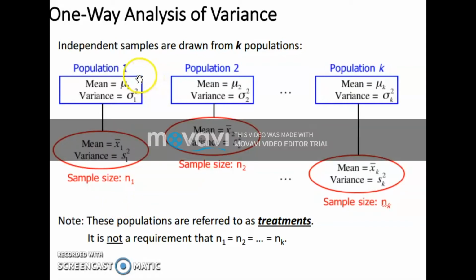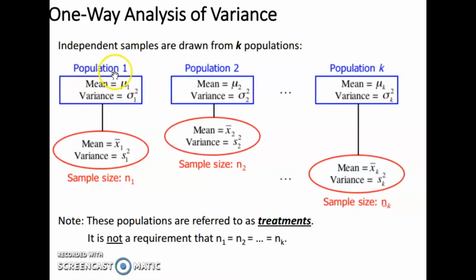So we have population 1 until population k. For example, just now we used population 1 as graduates from science, then graduates from arts, and the third population is graduates from social science.